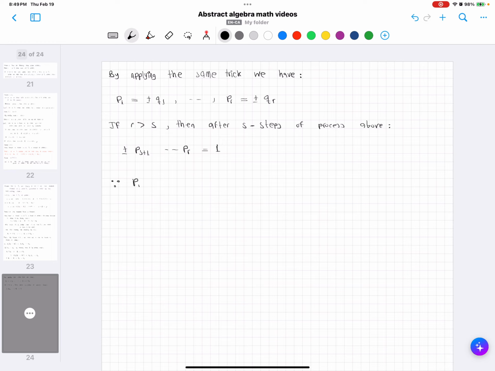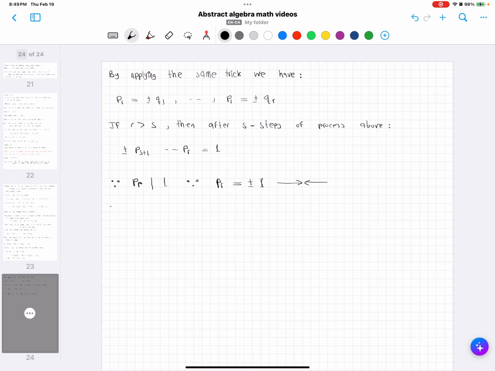So that means that PR is plus or minus 1, and that's impossible, as PR is prime. So we arrive at a contradiction, and we get that R bigger than S cannot occur.